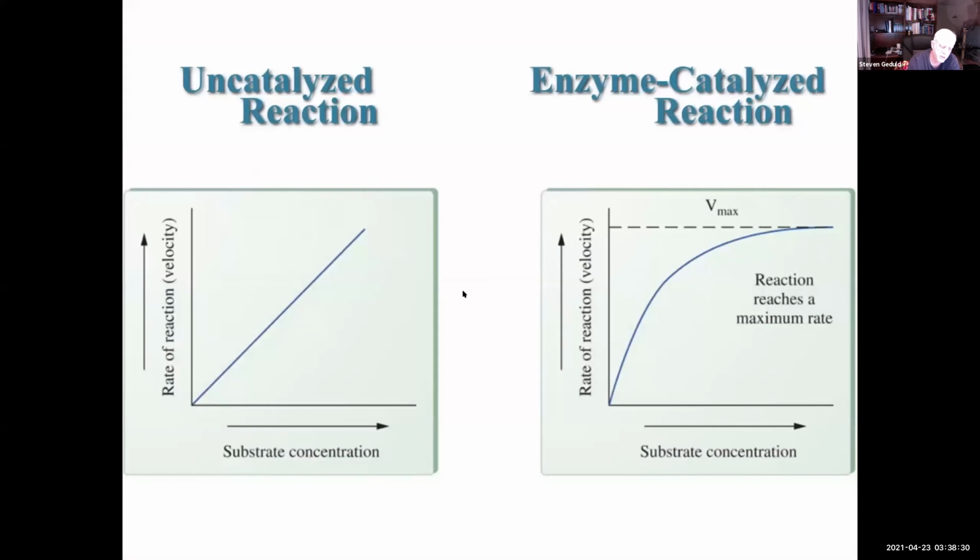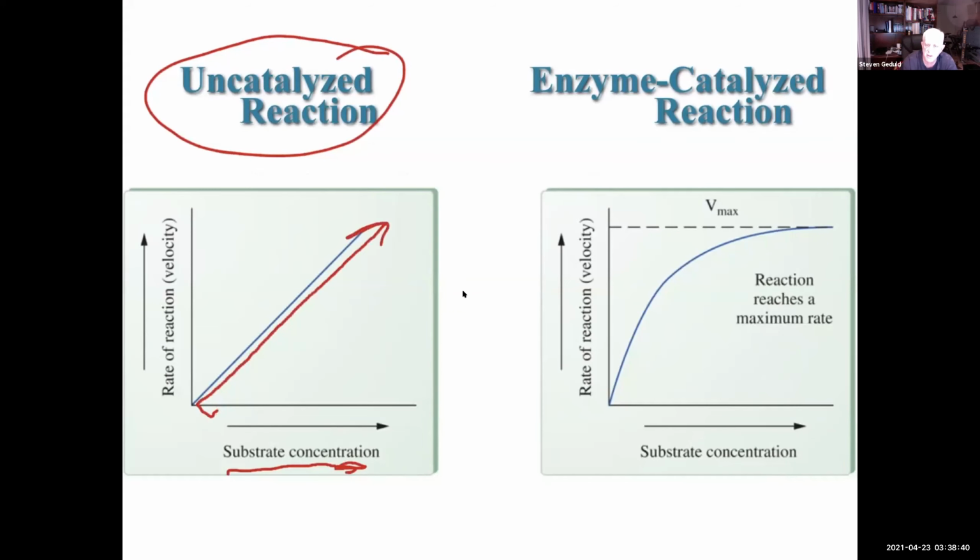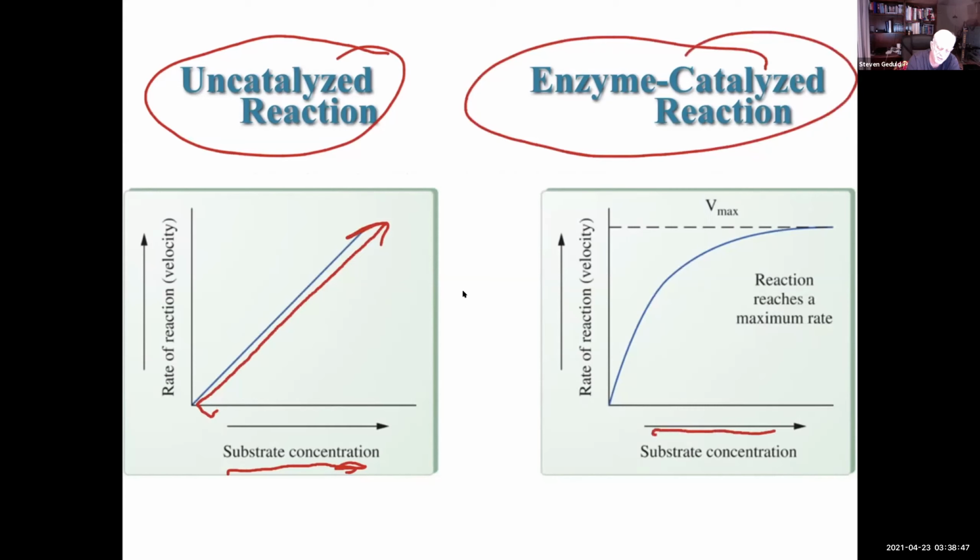Okay, so here's your uncatalyzed reaction. Okay, as you increase the substrate, you increase more of it, you can get a faster reaction. It's a linear scale. Okay, the enzyme catalyzed reaction. Okay, as you increase the amount of substrate, it comes up here, and you increase it because there's more to react with the enzymes until your enzyme runs out. Okay, then it reaches the maximum rate.